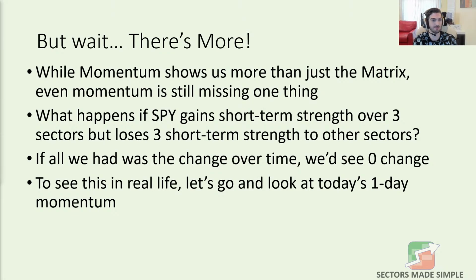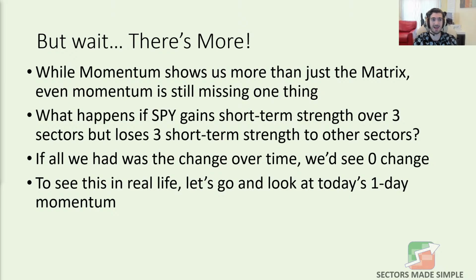All right, hopefully this is better. So we can compare SPY to 11 other things. But what happens if in 3 of those it gains strength and in 3 it loses strength? That doesn't mean that there was no change.